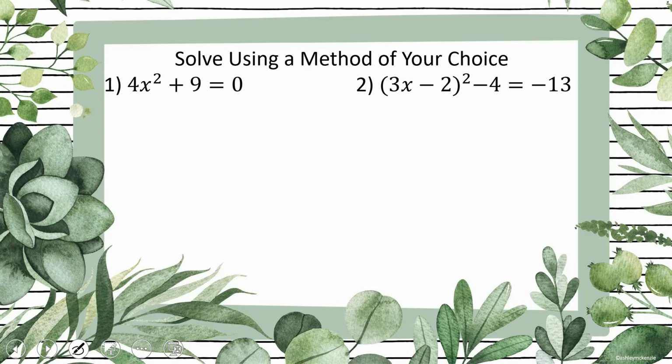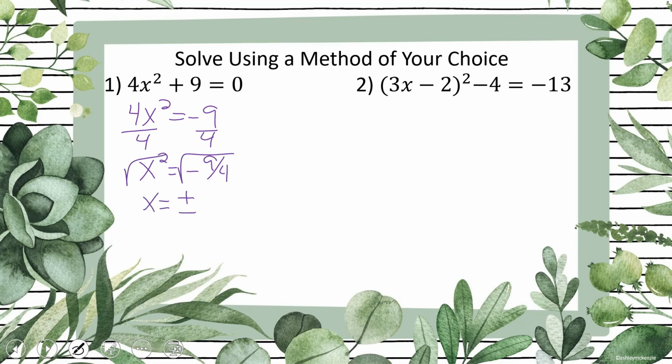Now let's solve. So we did this the other day, and these are very similar. Number one, the square root method is going to be your fastest. You can subtract 9 from both sides. Then you have to divide by 4. Now we're to where we can square root. And when you square root, remember you always have your plus or minus.